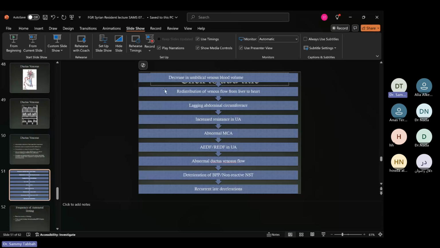Okay, so whenever you have placental insufficiency, there does tend to be a progression of findings between when you first diagnose growth restriction to when the baby is at highest risk of stillbirth. So these are end stage changes. You have growth restriction.